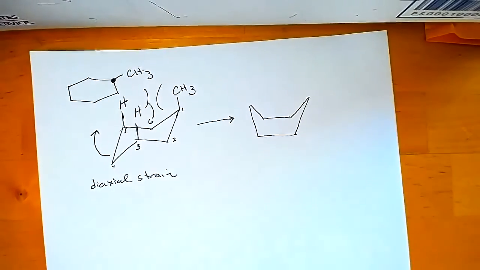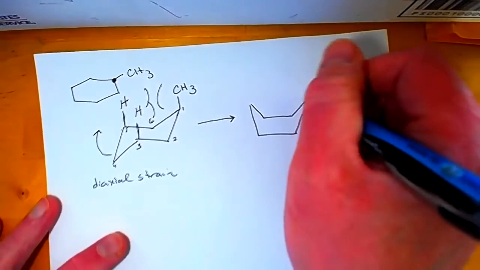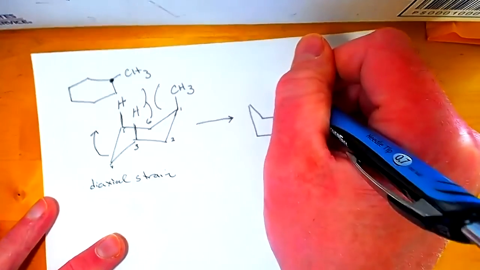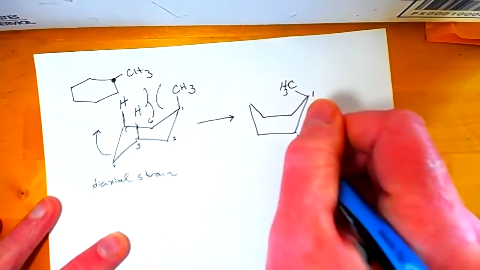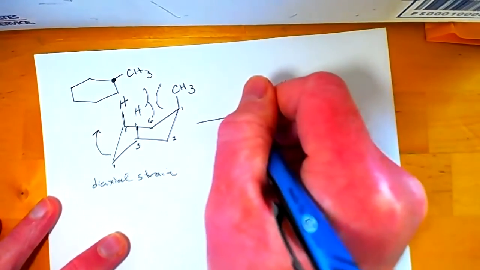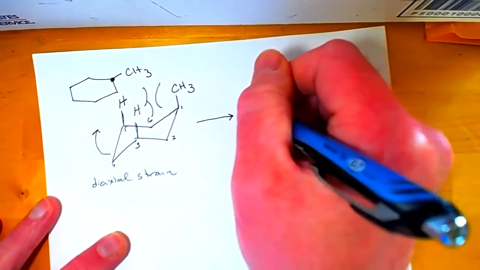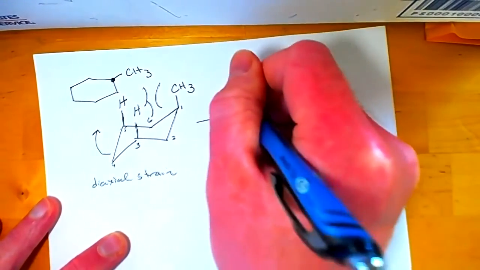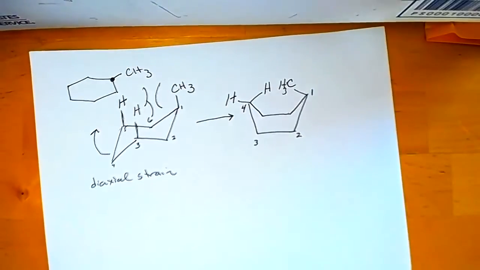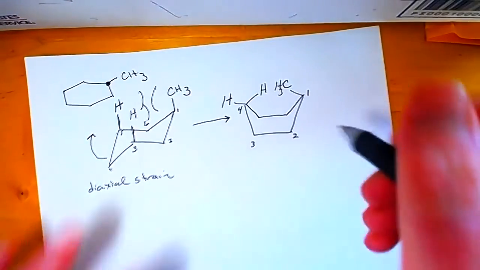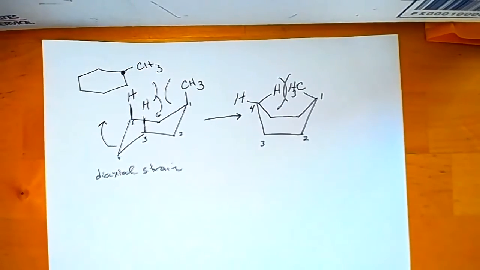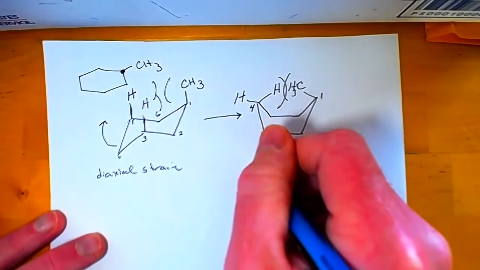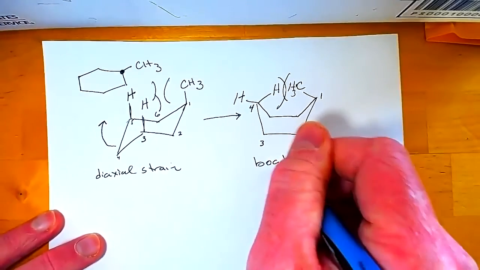And so now my CH3 group, which is right here, there's now going to be a hydrogen atom here on position number 4 that's going to be interacting with that. And these are in very close proximity. This particular conformation is called the boat.